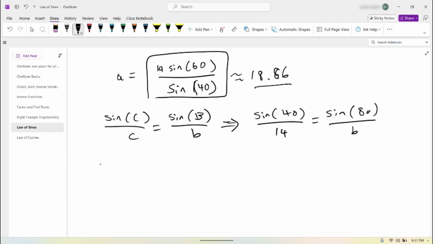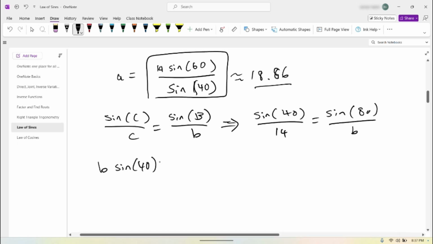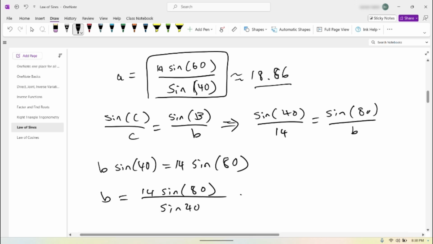We're solving for b. So cross multiplying, we have b sine of 40 equals 14 sine 80. So b equals 14 sine of 80 over sine 40.